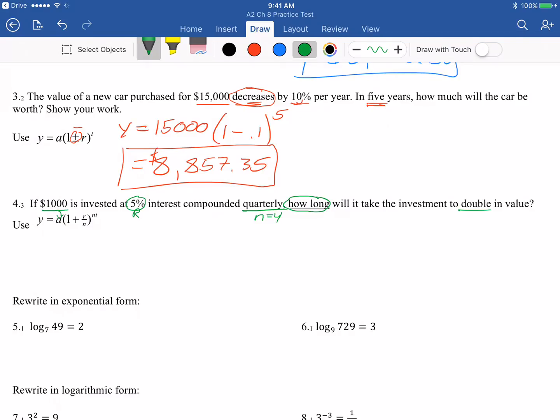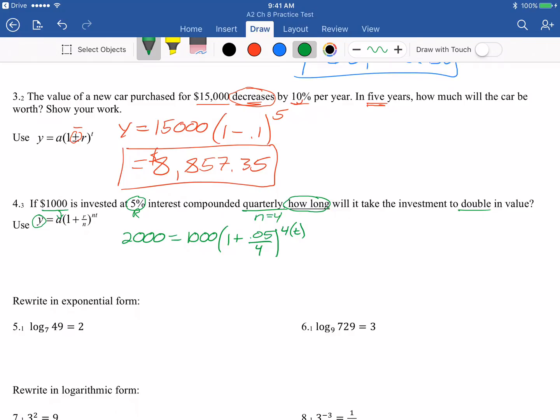Alright, so now plugging this in, this one we actually know my y. If I invest $1,000 and it doubles, that means that I'm going to have $2,000 at the end of this time period. I'm going to set that equal to 1,000, 1 plus 0.05 over 4 to the 4 times t here. And we're trying to solve for that t now.